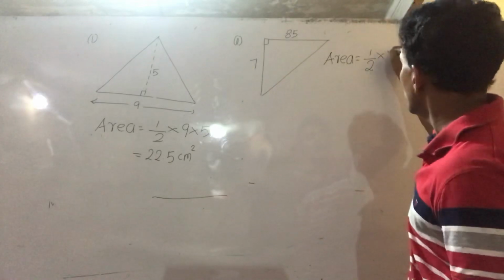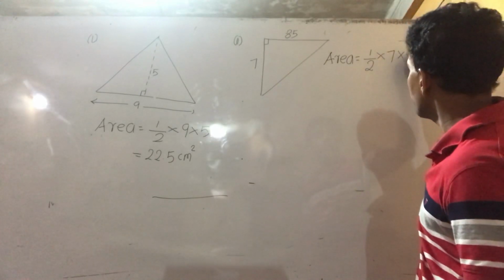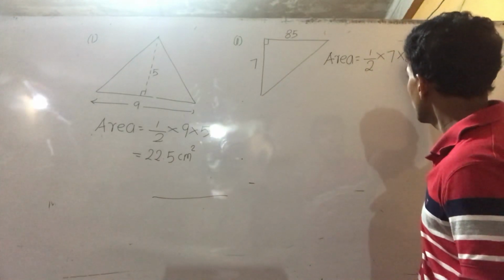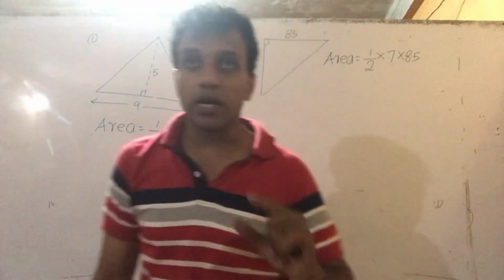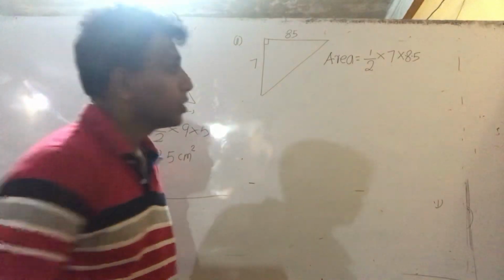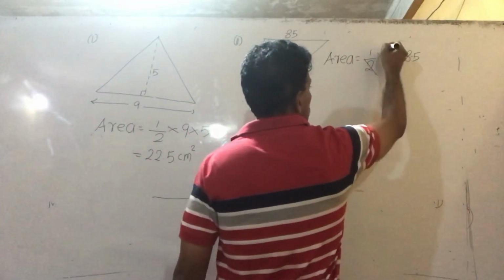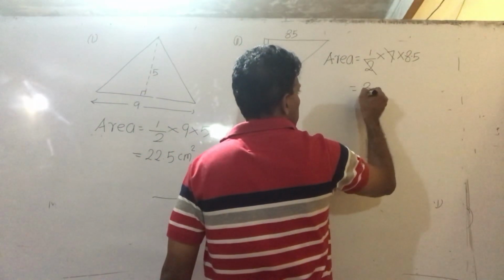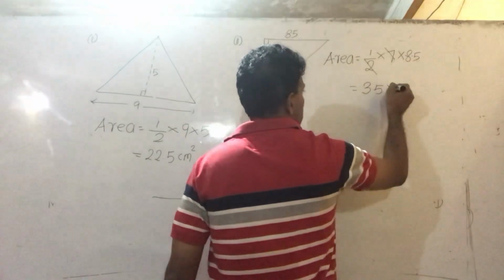So base is 7, height is 8.5. If you know dividing and multiplying, get the answer. So can I cut this to 3.5, times 8.5.